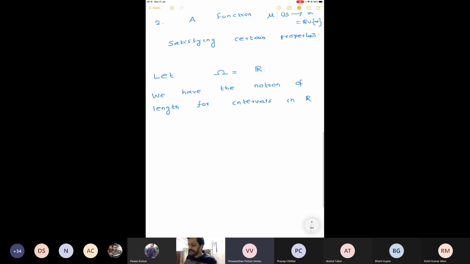For future reference, let me introduce a notation. Let script I be the collection of all intervals in R. So for each element in script I we can talk about a measure, namely the length. Okay. Our aim is to push it further.